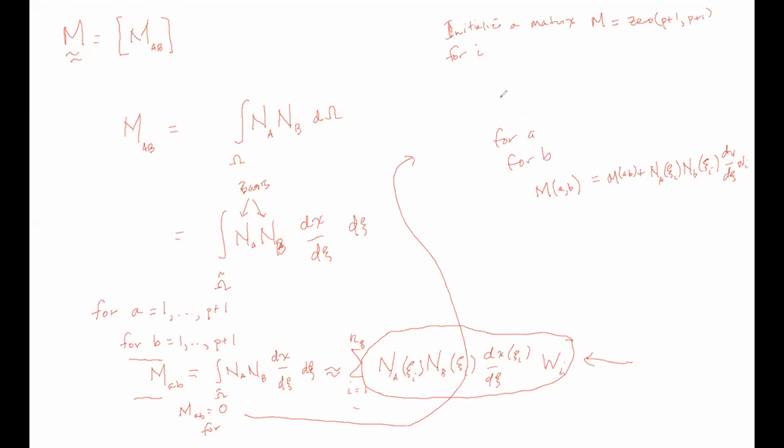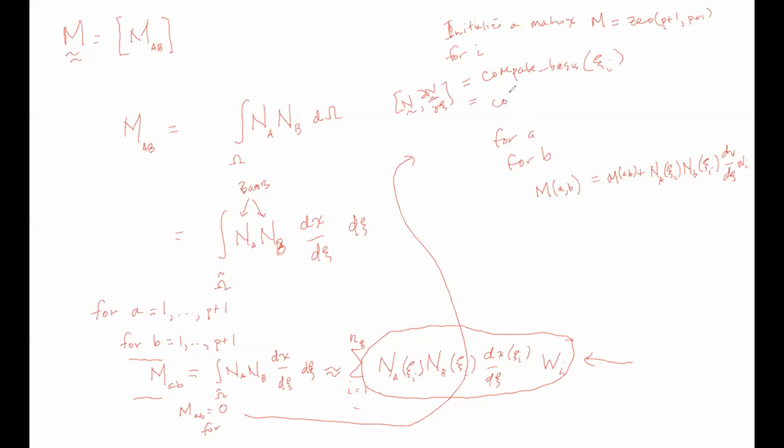Now we know we're at a particular point, so we can compute quantities at our quadrature point and then use them over and over again inside these 2 nested for loops. So we can compute our basis at some ξ_i, and that gives us a vector of these values.